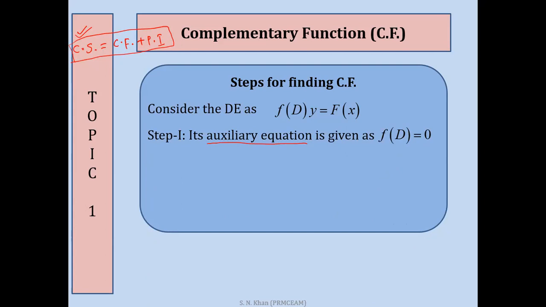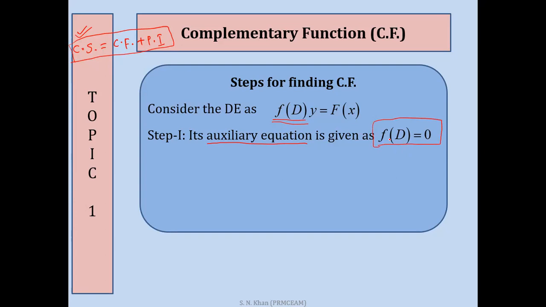The auxiliary equation is given as f of d equal to 0, and f of d is nothing but the operator in the equation. Left hand side पे जो operator का bracket present रहेगा, that is f of d. So the auxiliary equation of any differential equation is f of d equal to 0, means operator equal to 0.